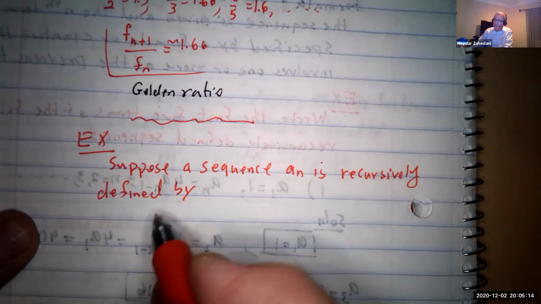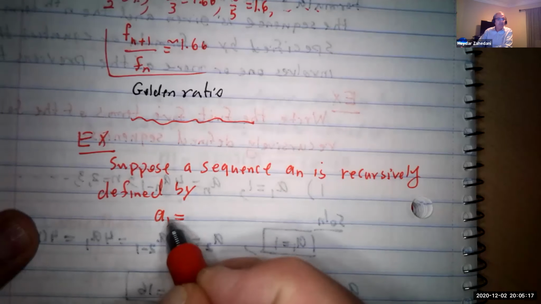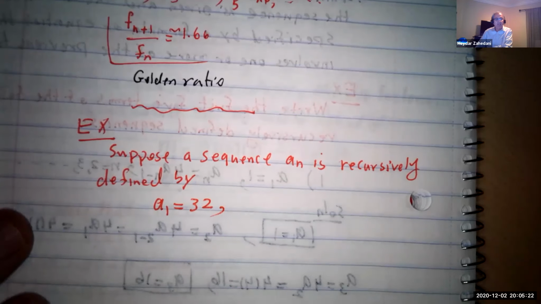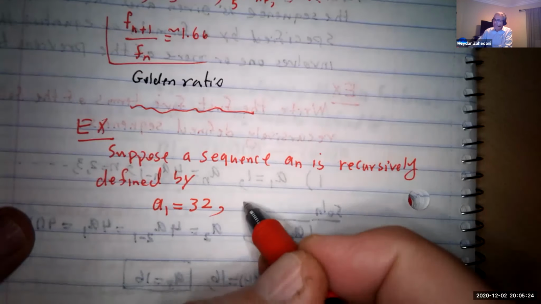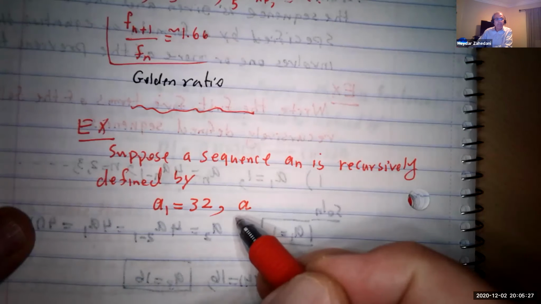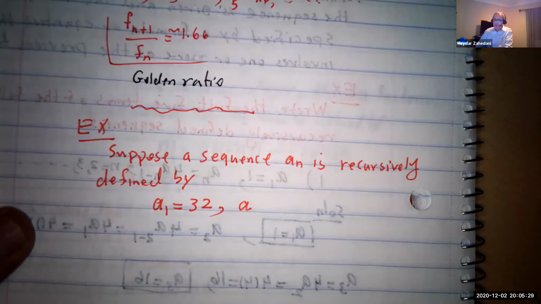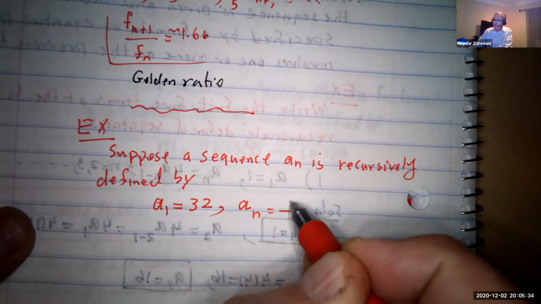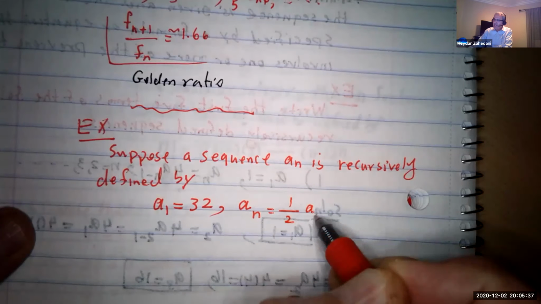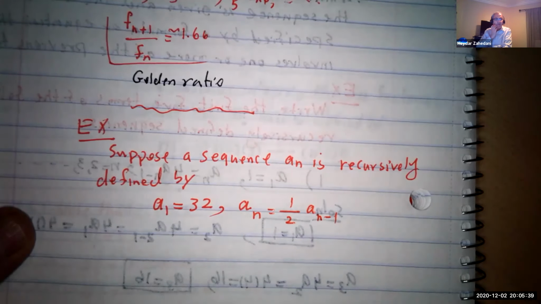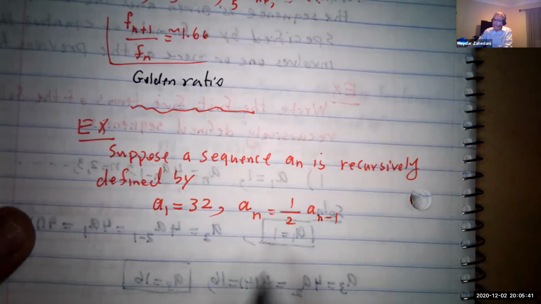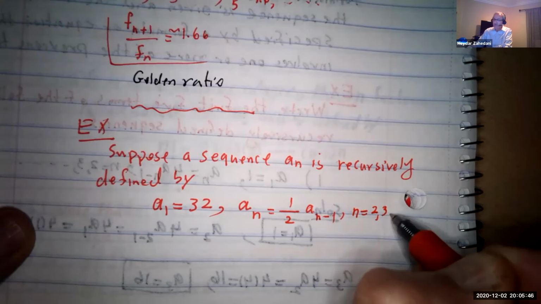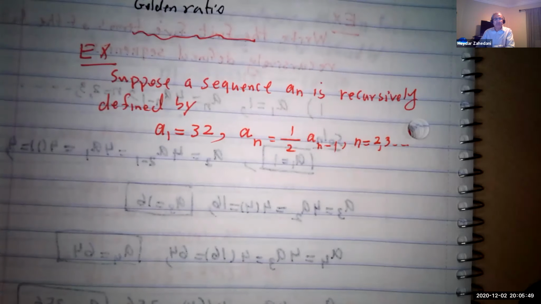The definition is that a1 is given to you: suppose a1 is equal to 32. Then for the rest, if you want to find an, an is equal to 1/2 of a(n-1), and this is of course when n is equal to 2, 3, etc. So we have a sequence defined recursively.